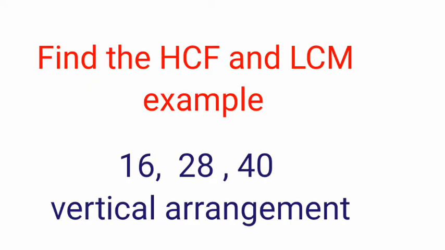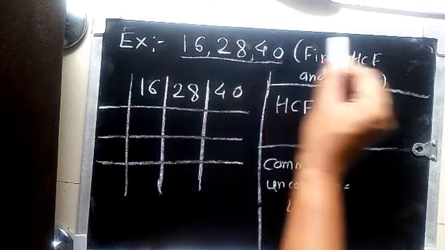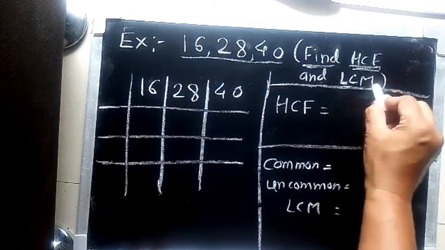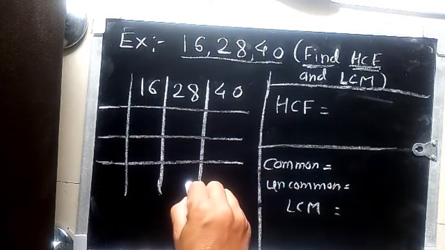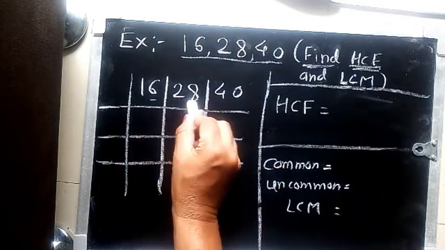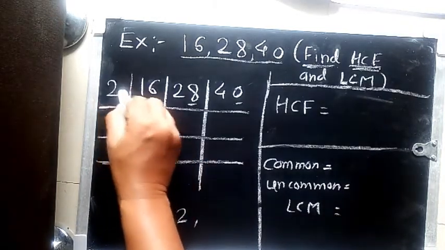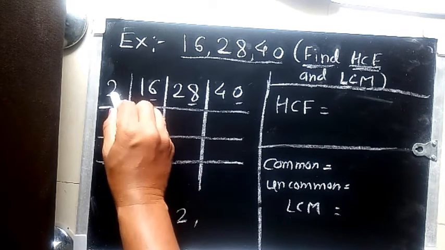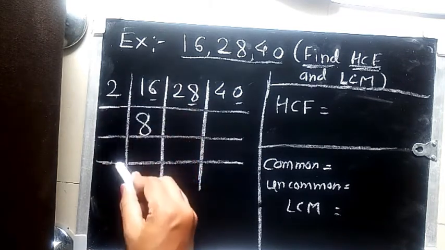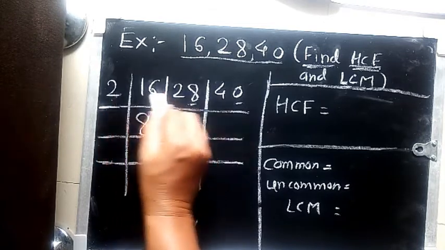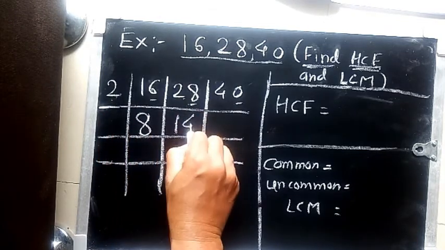Next example is find the HCF and LCM. Example 16, 28 and 40. We write down the 3 numbers in vertical arrangement. Find the HCF and LCM in the same method. 16, 28 and 40 are even numbers, divided by 2. 2 eights are 16, 2 fourteens are 28, 2 twenties are 40.